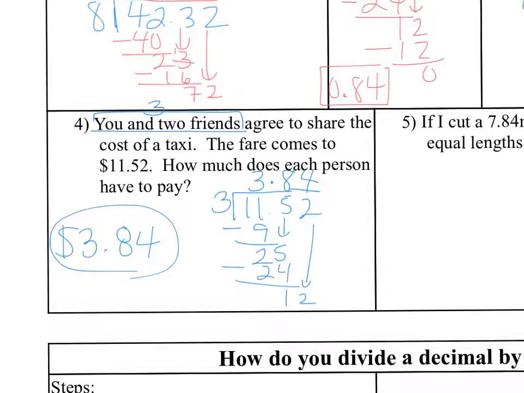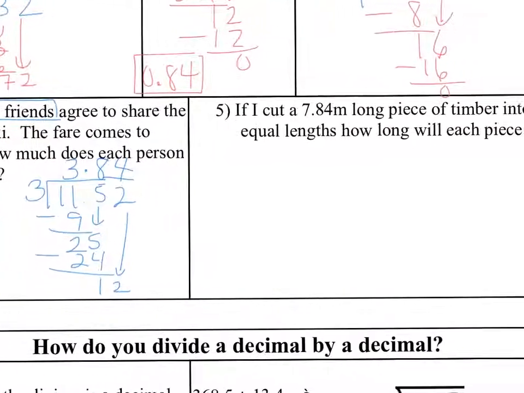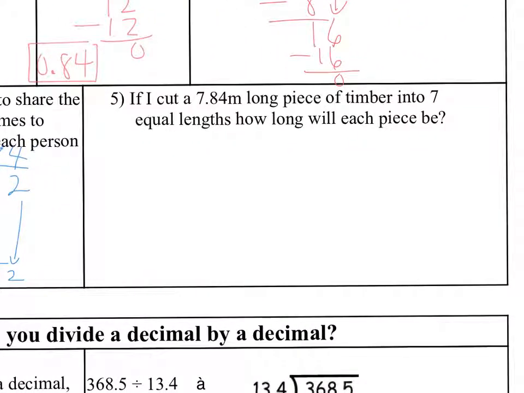And then number 5. If I cut a 7.84 meter long piece of timber into 7 equal lengths, how long will each piece be? So I'm going to divide. So I have 7.84 divided by 7.